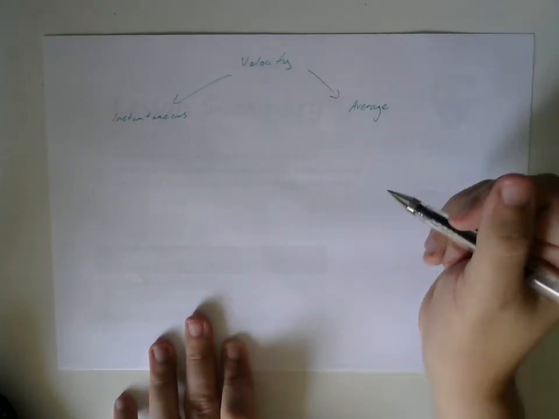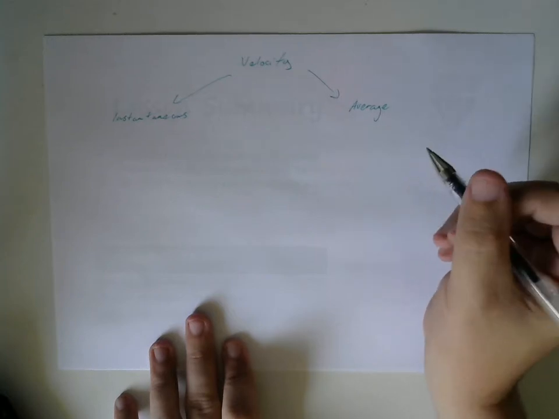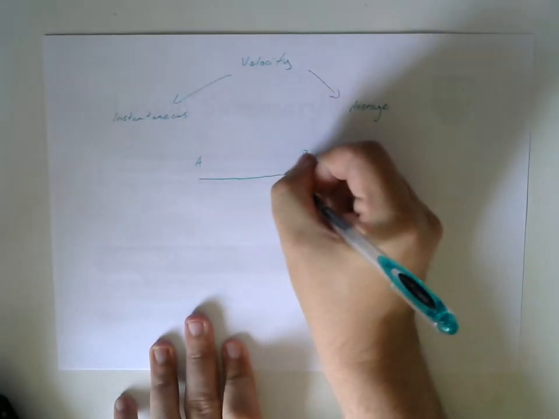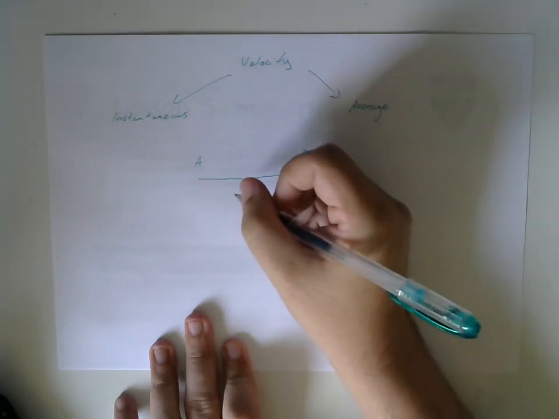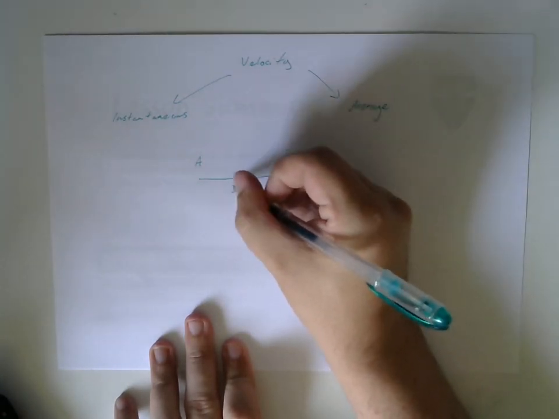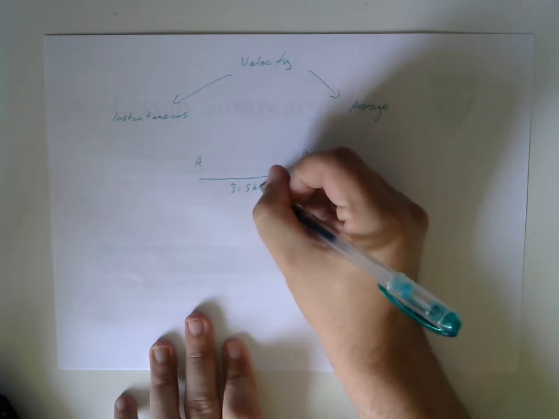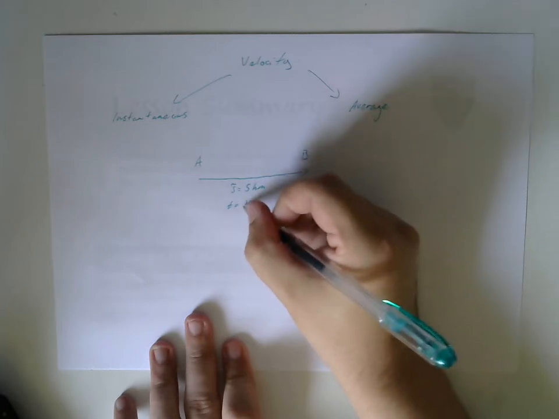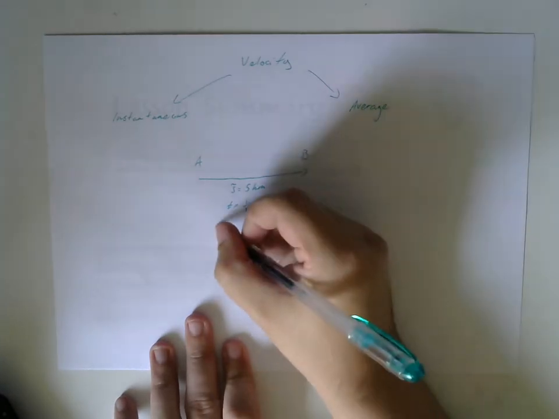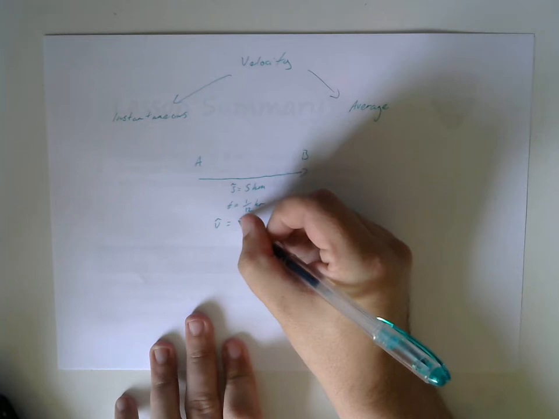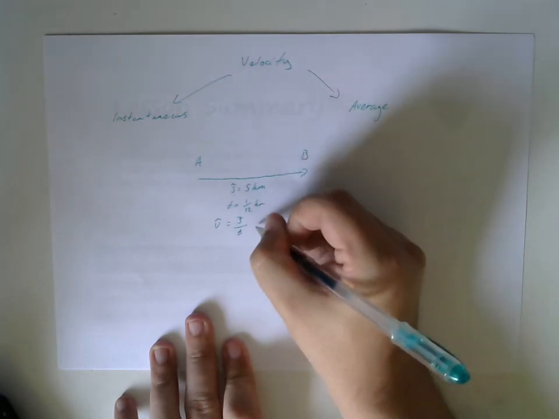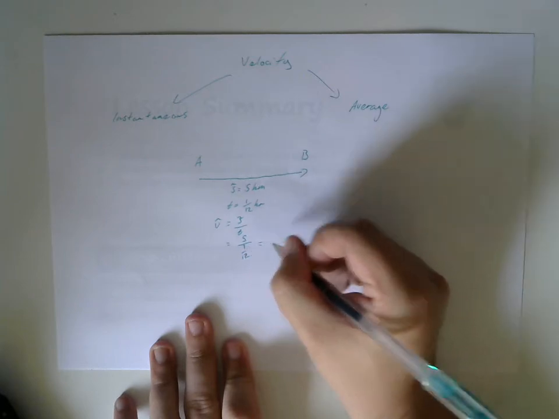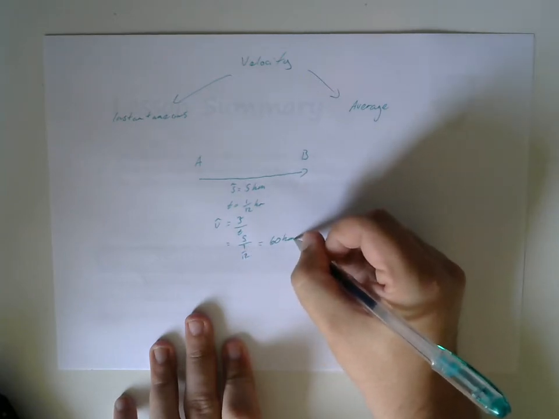Now, if you drive a straight line from point A to point B, and let's say that the displacement equals 5 kilometers, and the time is equal to 1/12 of an hour, well, the velocity will equal displacement divided by time, which equals 5 divided by 1 over 12, which equals 60 kilometers per hour.